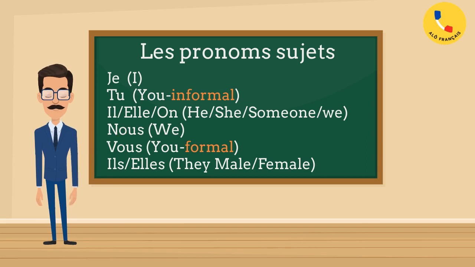If you have any doubts, you can go back to the video and see that also. I will just give the pronunciation again so that you are again clear with the subject pronouns. Je, tu, il, elle, on, nous, vous, il, elle.